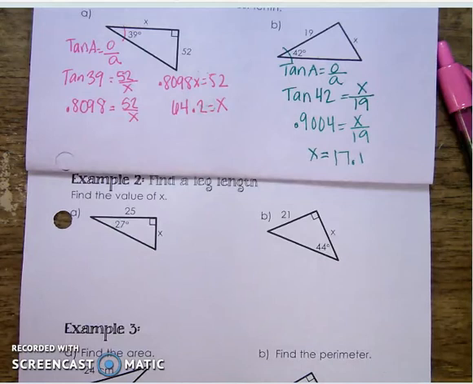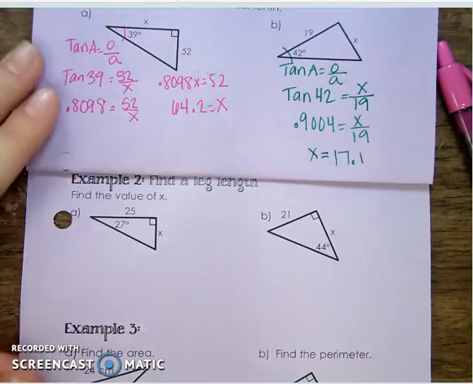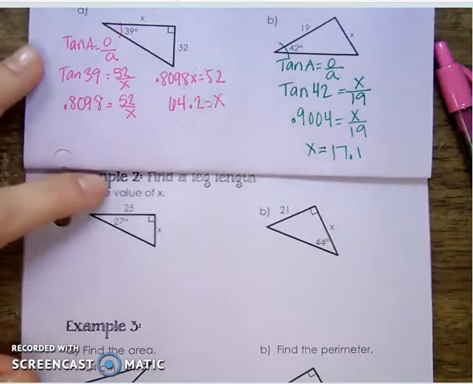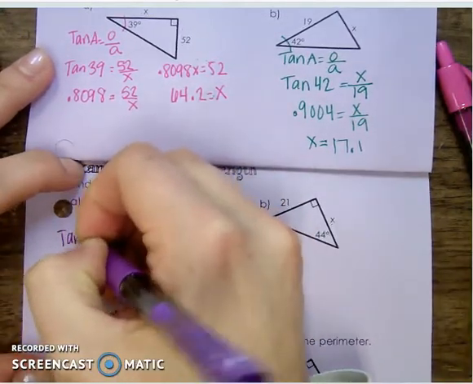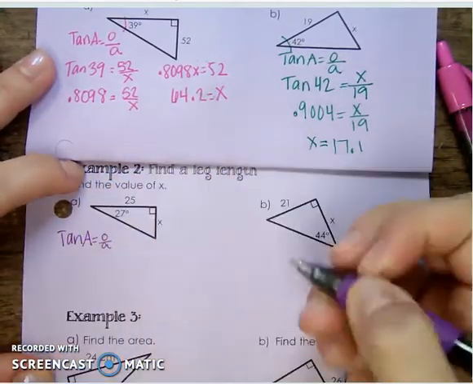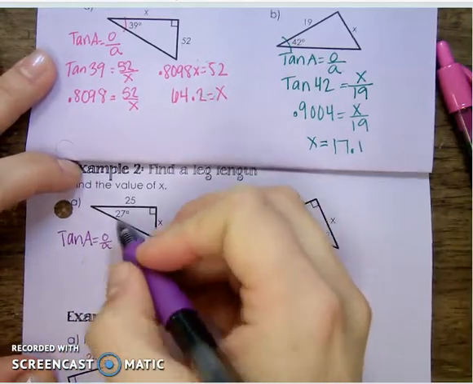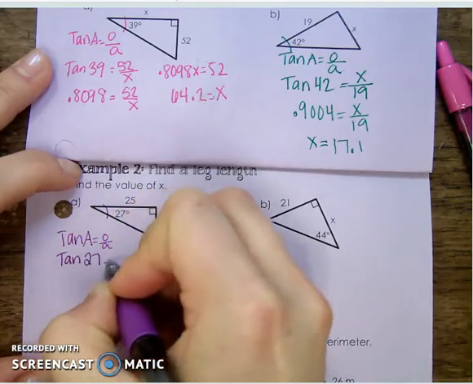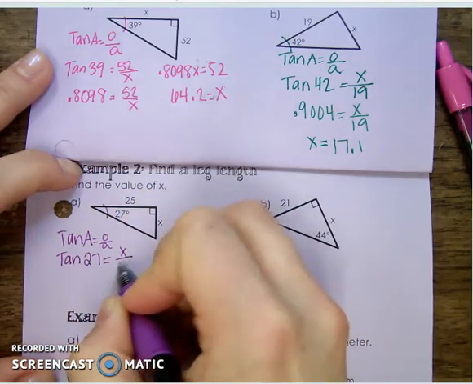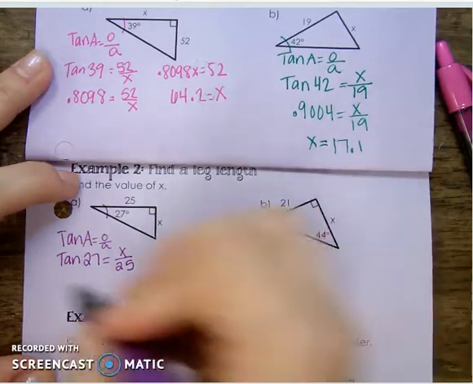All right, example 2, this A and B is the same. We're still finding the lengths of those sides using the tangent. So tangent of A is opposite over adjacent. Okay, we have the tangent of 27 is x over 25.